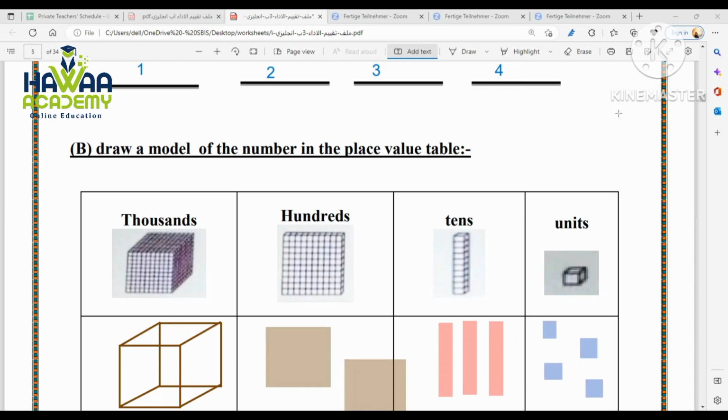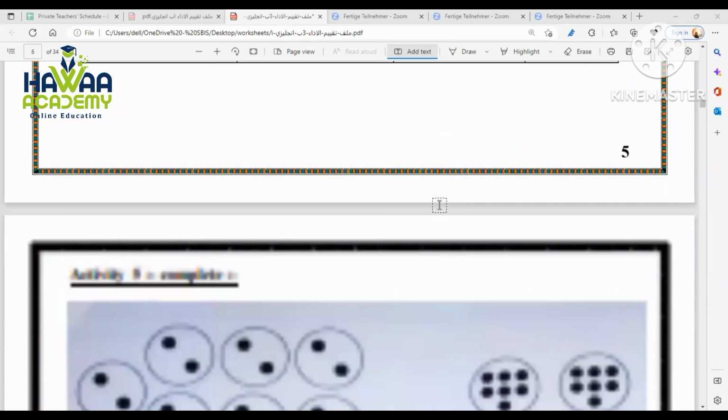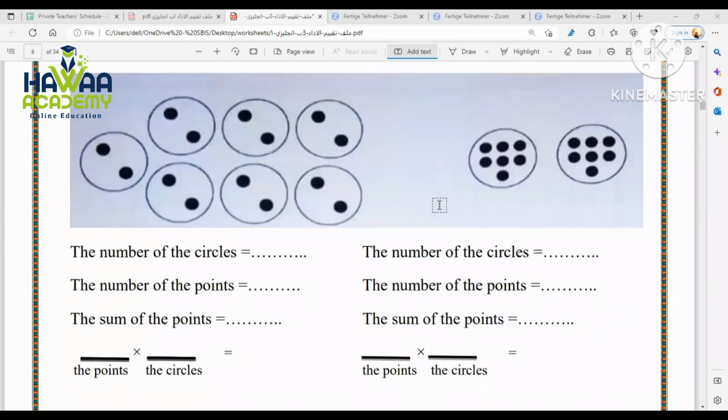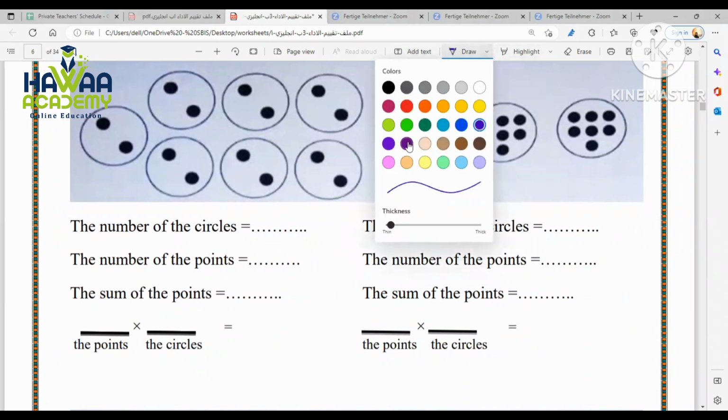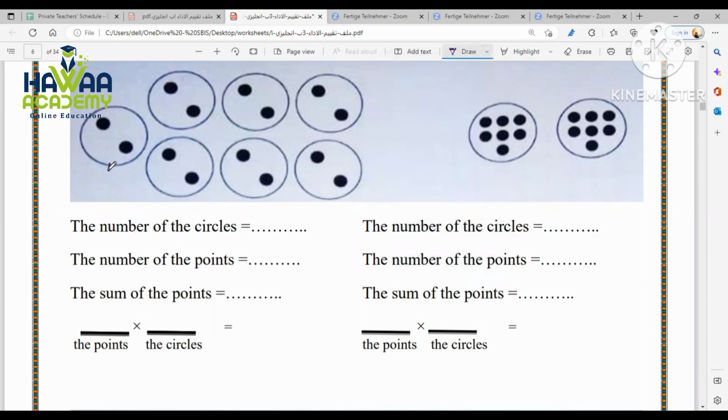Okay, let's see the next question. It's about multiplication. That's so great. So let's make it together. So what do we have here? I want to know the number of circles. Let's count. Here's 1, 2, 3, 4, 5, 6, and 7. So we have 7 circles.